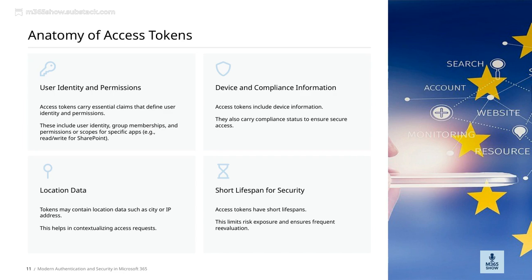Additionally, access tokens include device information, which helps us understand what device is being used to access our resources. They also carry compliance status, ensuring that the device meets our security standards before granting access. This adds an extra layer of security by verifying device health and compliance. Finally, the tokens contain essential claims that define who the user is and what they are permitted to do.